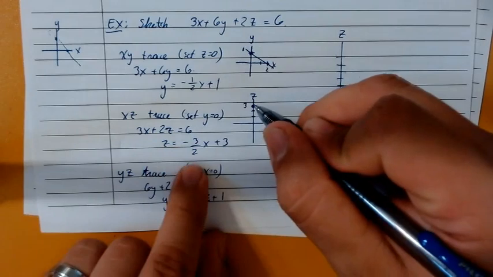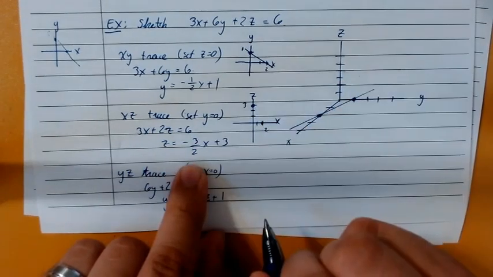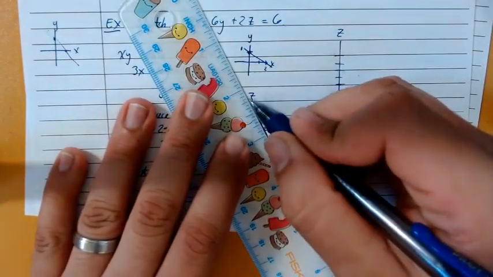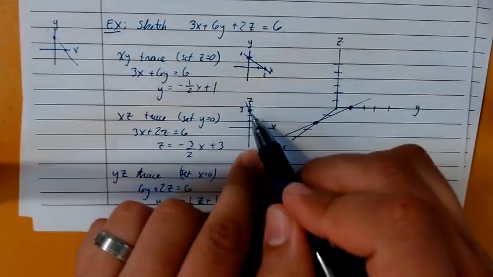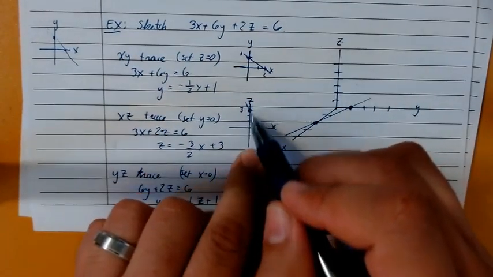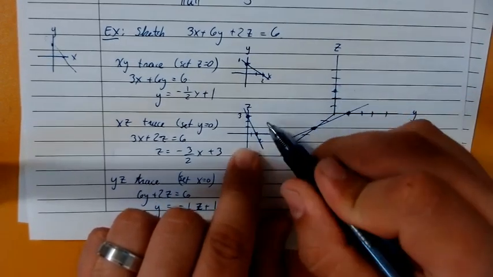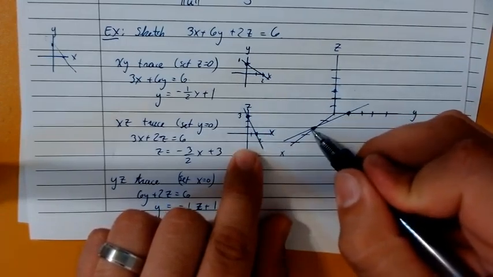All right, because I'm going to go down 3, right by 2. So what does that line look like in space? Well, let's see, that's going to be along the z-axis, 3 steps up, 1, 2, 3. And along the x-axis, 2 steps out. Hey, look, that's the same one as it was right here.